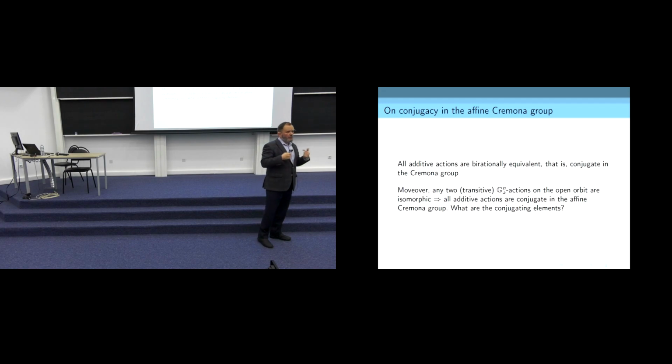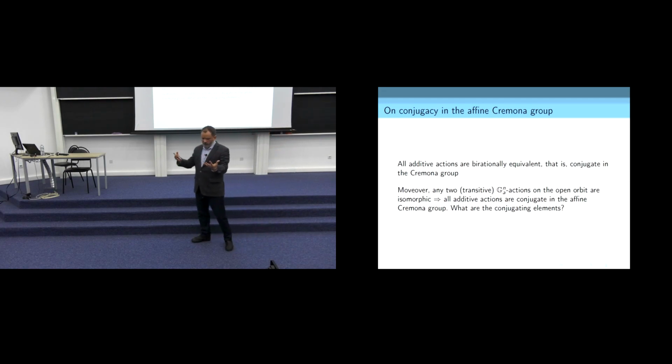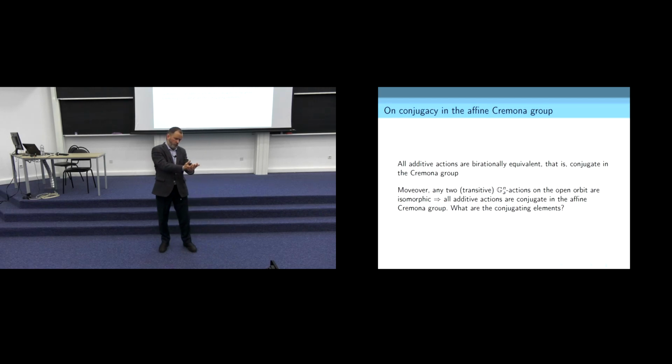But I would like to say more. My open orbit is an affine space. So if I have two additive actions, I may assume this open orbit is always a complement to a hyperplane. So I may assume that for two additive actions, the two open orbits coincide. And I can change coordinates in this open orbit, which moves one transitive action to another transitive action.